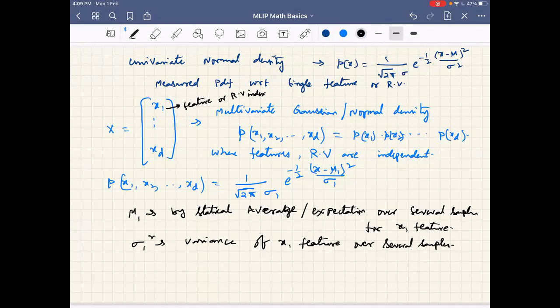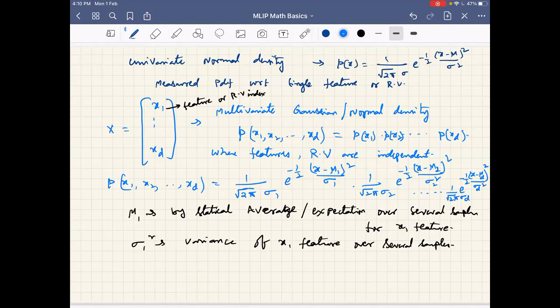Okay, now let us complete this expression. We have written 1 by root 2 pi sigma 1 e power minus half x minus mu 1 whole square by sigma 1 square. This is multiplied by 1 by root 2 pi sigma 2, where sigma 2 is for the x2 feature, e power minus half x minus mu 2 whole square by sigma 2 square, and so on up to 1 by root 2 pi sigma d, e power minus half x minus mu d whole square by sigma d square.